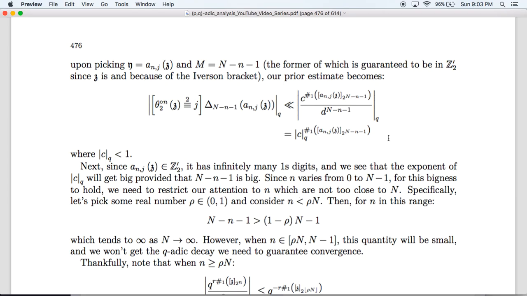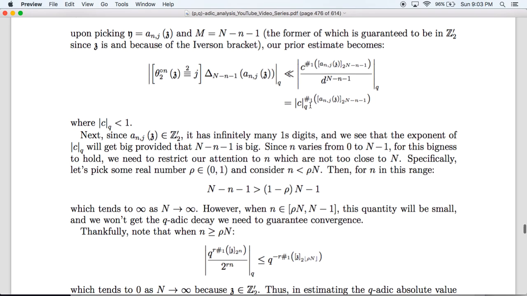And so for a little n in this range, the number of ones here will tend to infinity as big N tends to infinity, and this increase will be uniform with respect to little n in this range. On the other hand, when little n is bigger than rho N, we won't get this decay, but thankfully we don't need to worry about it because the other term will give us the decay as big N goes to infinity.